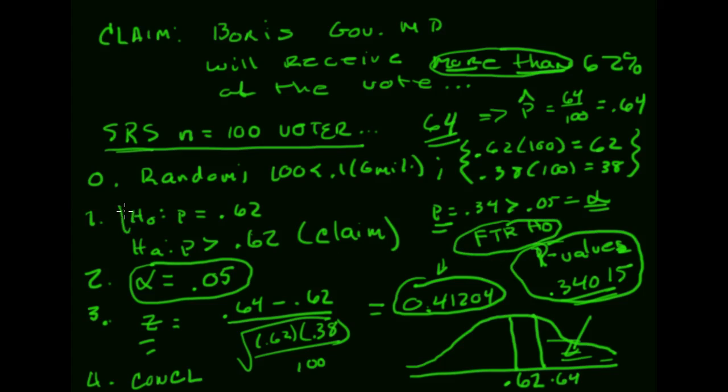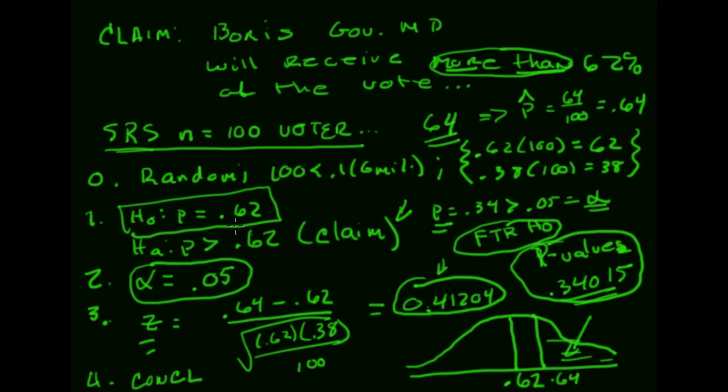Well, my null hypothesis was that p is 0.62. So I don't have enough evidence to say that that cannot be the case, right? So if I do not have enough evidence to say that the null hypothesis is not true, then I do not have enough evidence to support my claim.